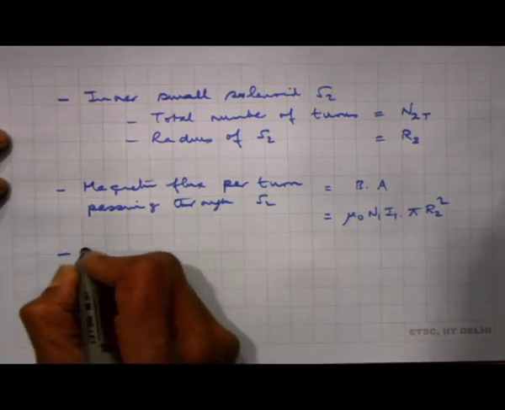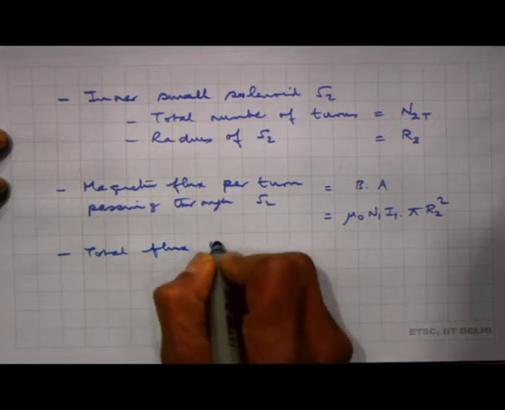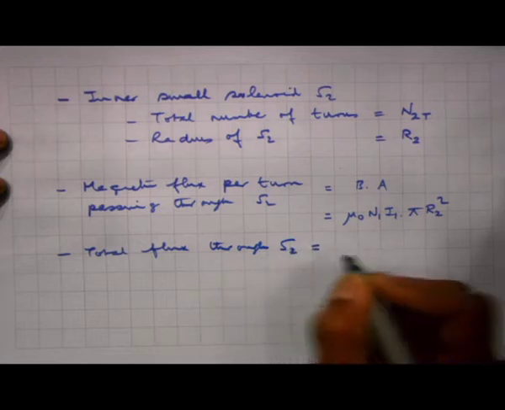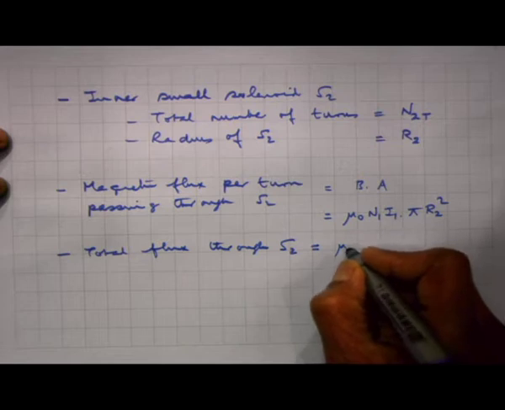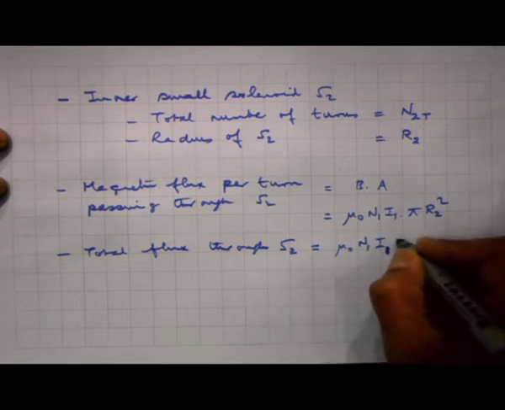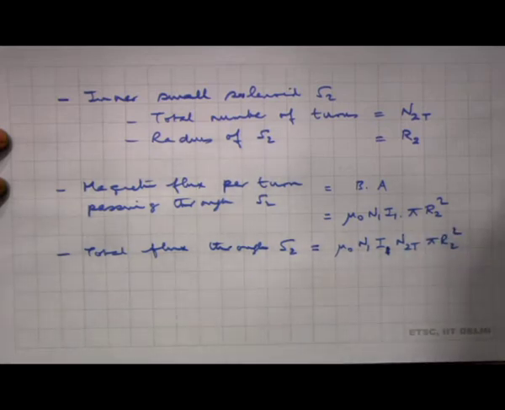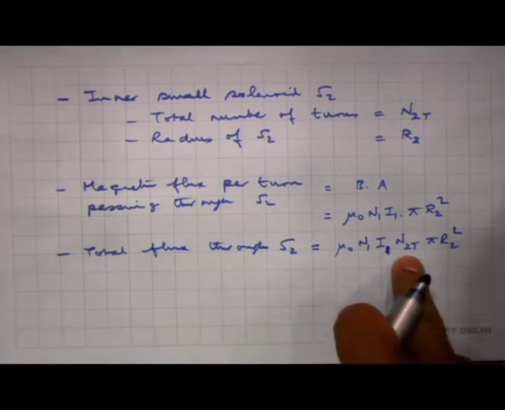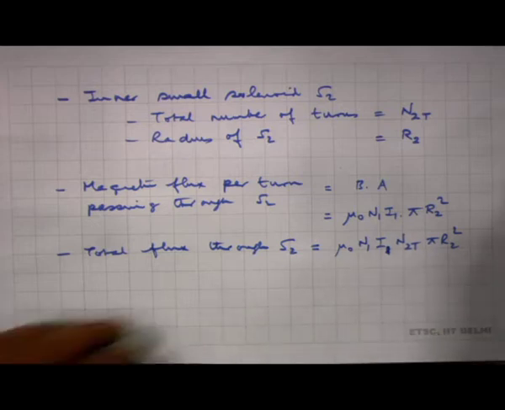So, the total flux through S2: each turn has this much flux, and there are N2T turns. So, the total flux will be mu naught N1 I1 into N2T into pi R2 square. It depends on the total number of turns, because each turn has this flux. So, I multiply by the number of turns in the solenoid to get the total flux.